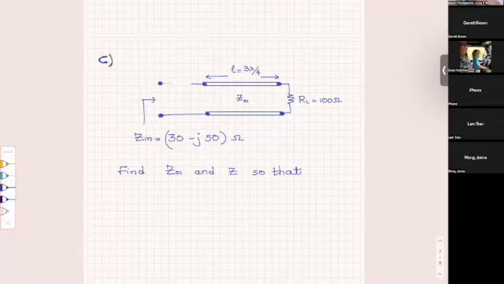So let's assume that instead of Z here, you have a stub, which is open. Let me draw it a little better.